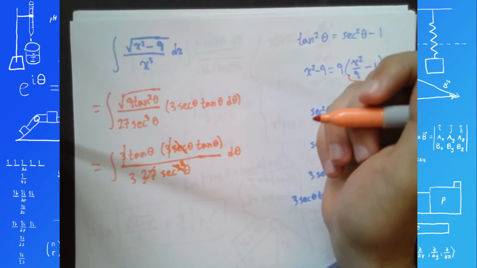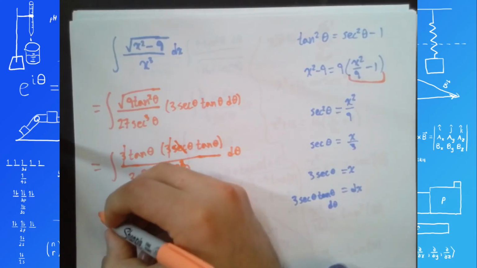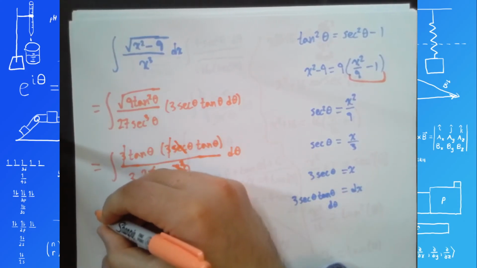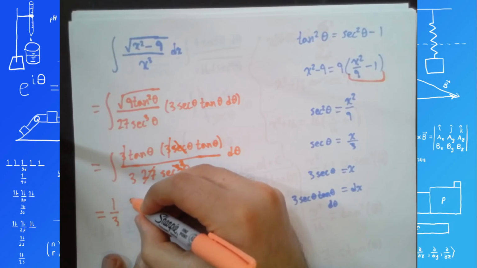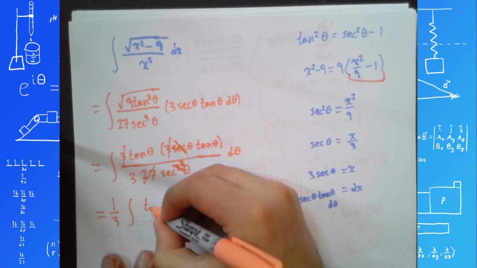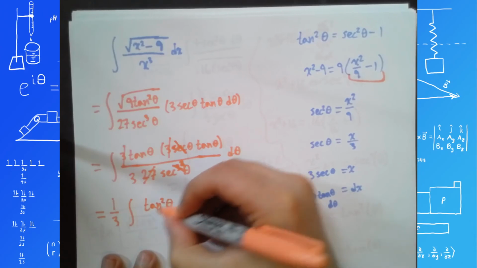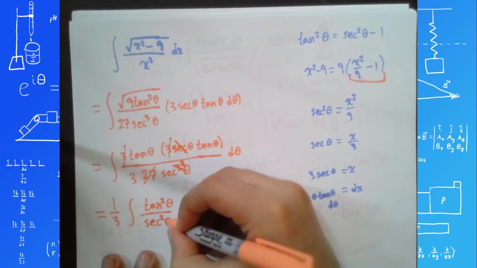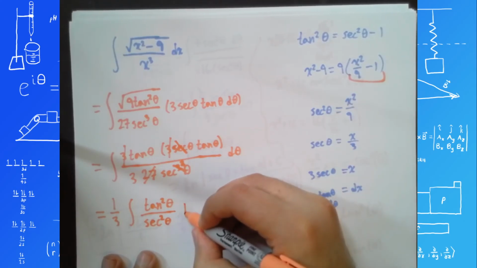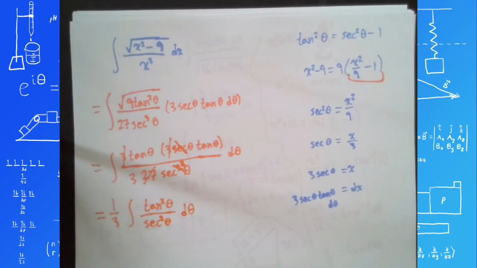So I've got tan squared over secant squared. So we've got the 3 in the denominator. I'll factor out of the integral as 1/3. And then we've got integral of tan squared over secant squared. If you know your trig identities, you will not be remotely confused on what needs to be done here. Secant squared is equal to 1 plus tan squared, or alternatively, tan squared is equal to secant squared minus 1.